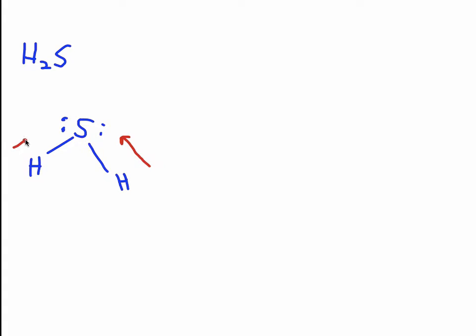Okay? And then I ask myself, is there a net dipole? And what I mean by that is if these two arrows, these two dipoles, the direction of the pull of the electron, were to smash into each other or pull away from each other, would there be net movement? And you notice here, if this one and this one hit one another, we would have net movement in the forward direction. So what that means is this molecule is a polar molecule, meaning there is a net dipole.